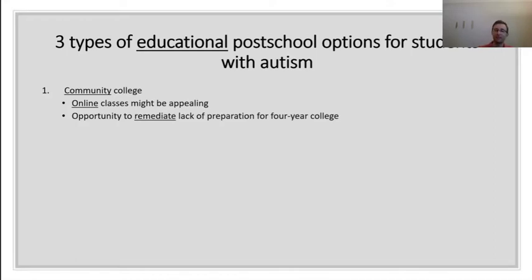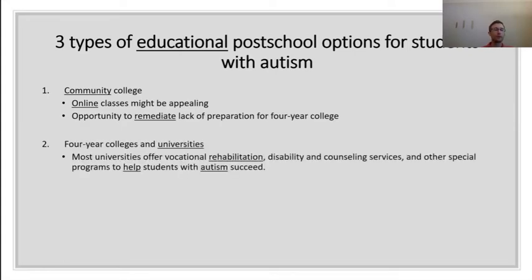Anyway, I was at community college for about 2 years, and by going to community college first after high school, I was successfully remediated. Let's say the community college successfully remediated my lack of preparation for the 4-year college, as demonstrated by my successful transfer to a 4-year university, University of California, San Diego.